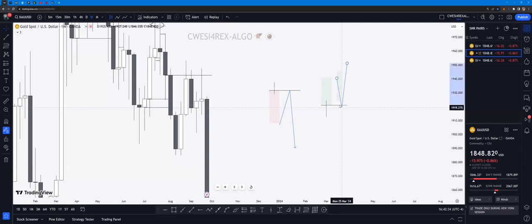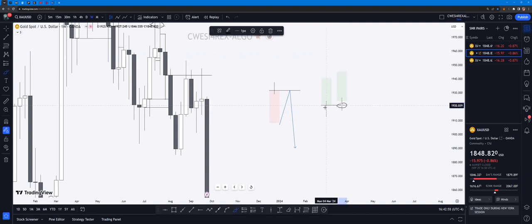And with the gap rule, when price mitigates a gap level, what should it do? Price should close above the gap level. Okay, it should close above it. If it closes below it, then you should just close it. So we want to see price closing above this gap level.